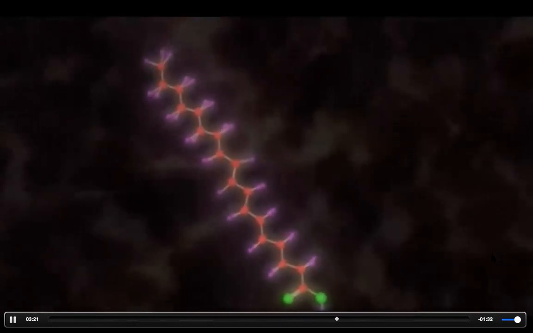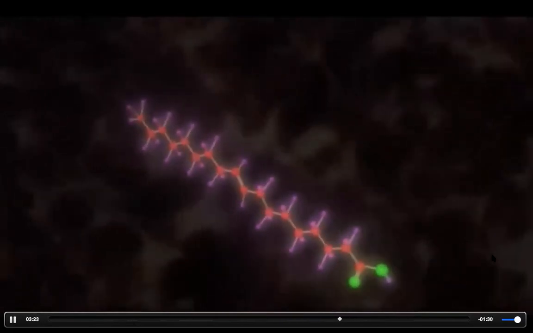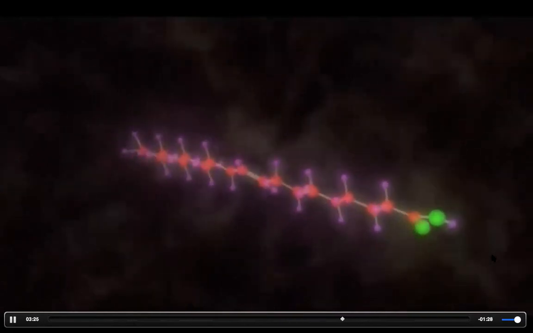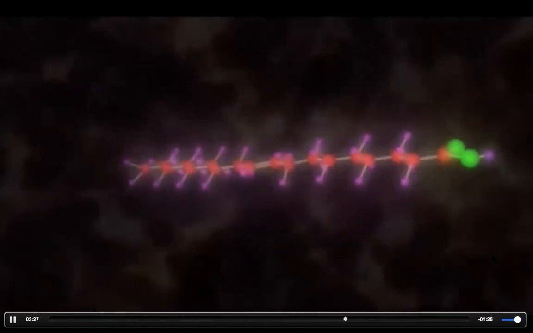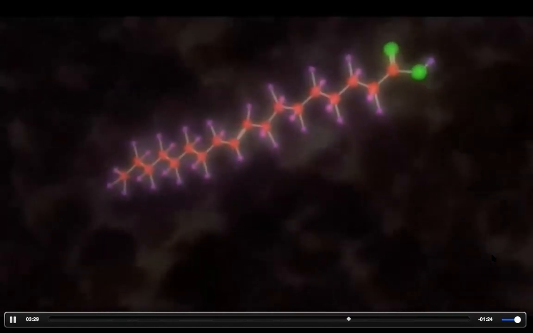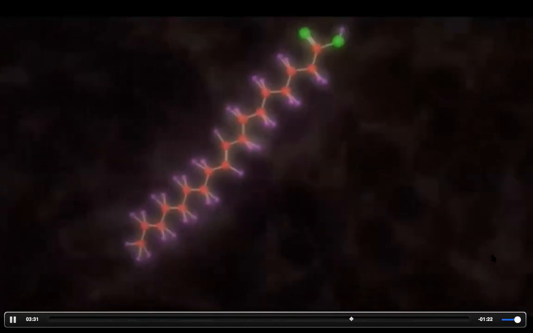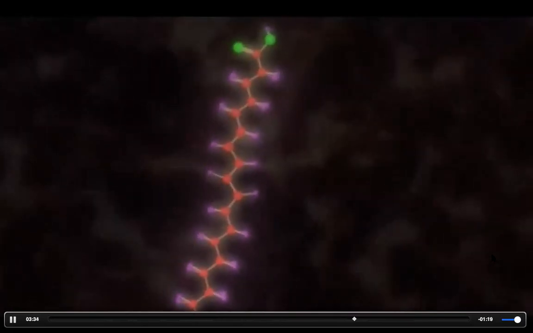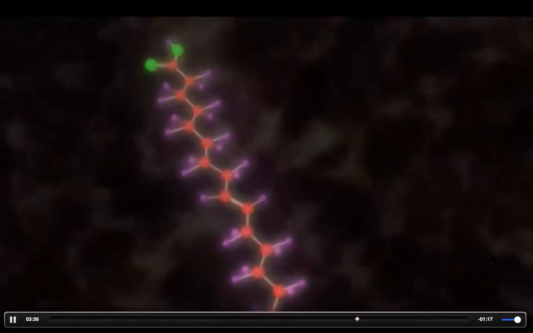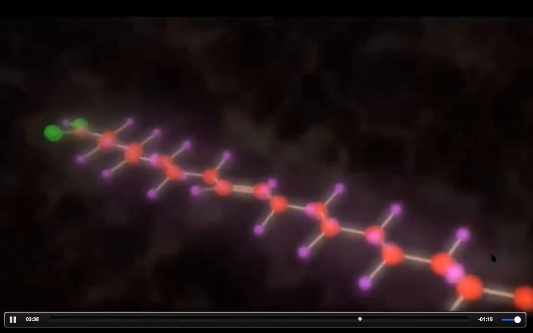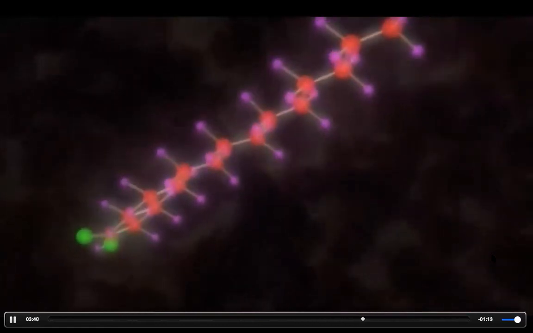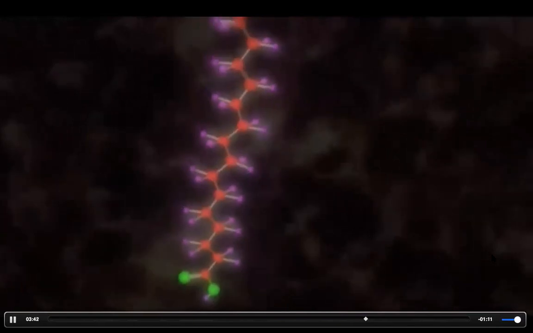These trans fats are more stable, so food manufacturers prefer them. But without the kink, they physically pack together easily and tend to clog arteries as a result. Adding hydrogen to replace carbon double bonds is called hydrogenation.